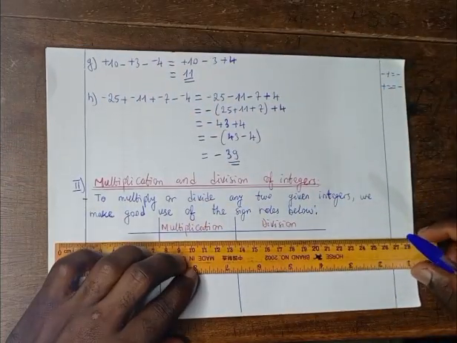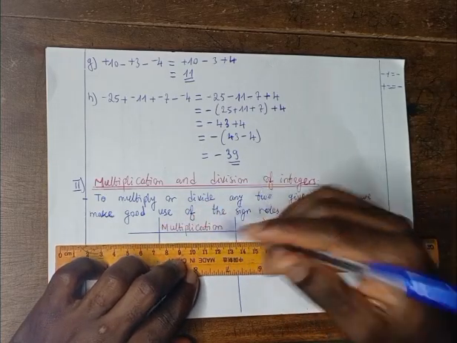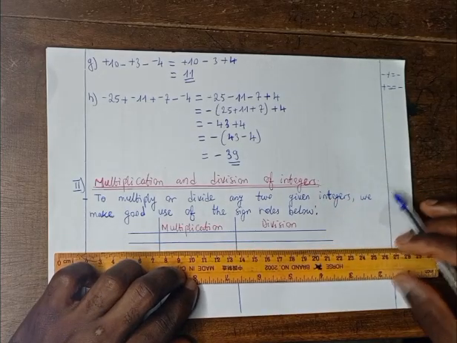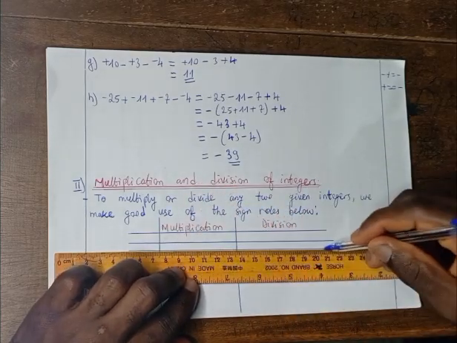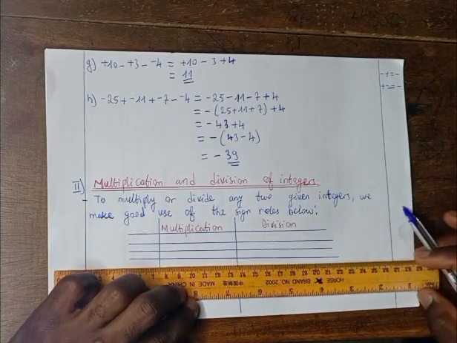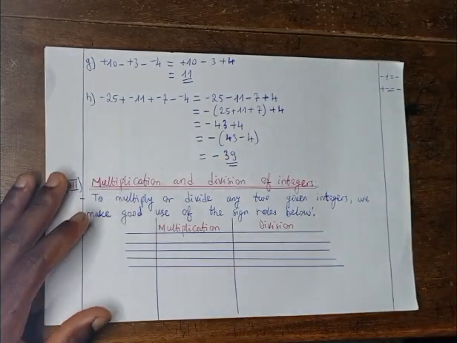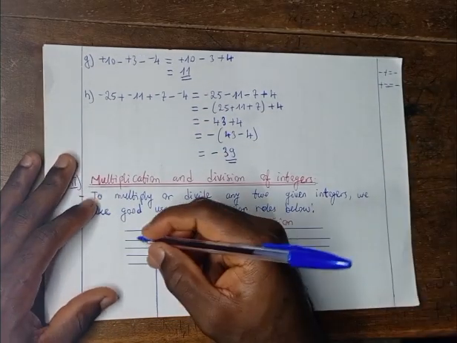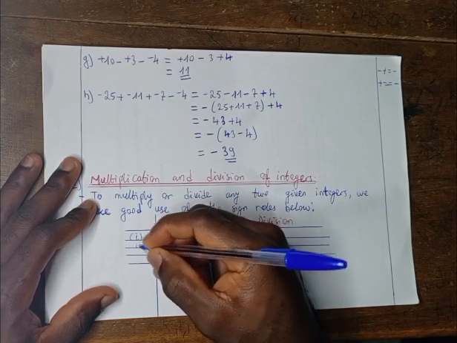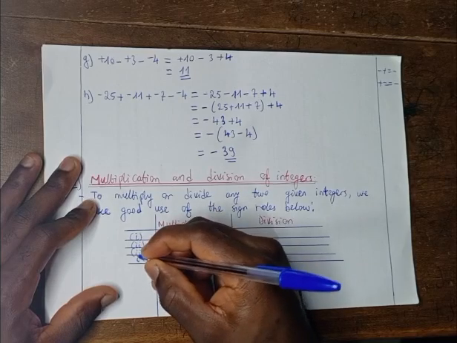There are four of them. So I'm going to create a table with four rows. First one, second, third, and lastly the fourth.